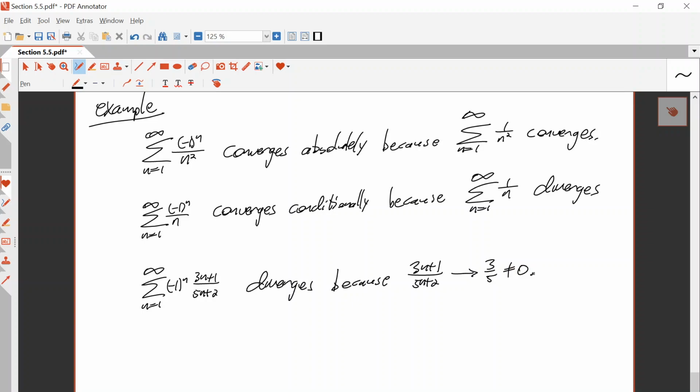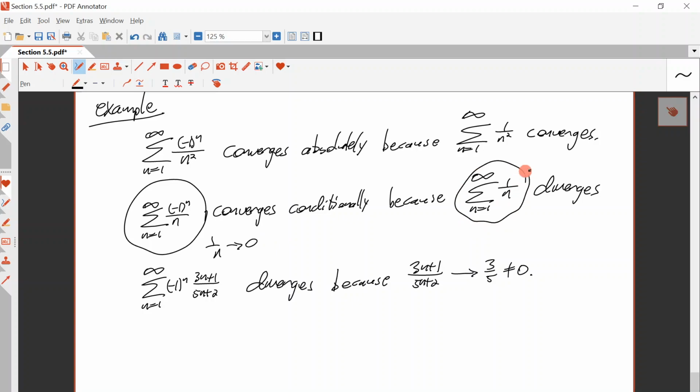Okay? So there's three sorts of situations with alternating series. You can converge absolutely, like this one. Converge conditionally, like this one. And that's conditional convergence. It does converge. The alternating harmonic series does converge because 1 over n goes to 0. Right? That's good enough for alternating series, but for non-alternating series, it isn't.